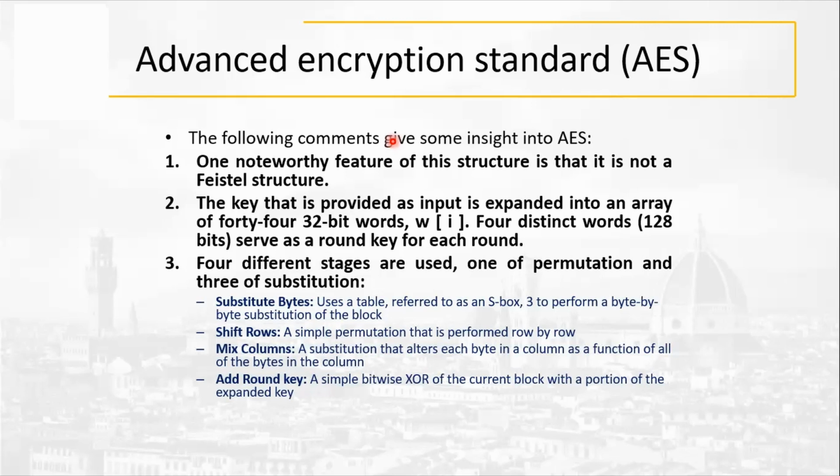One reason being, this substitution byte step is quite extensive. The S box which is used is quite extensive, and the logic behind that design of the S box is not known, so it is still secure.